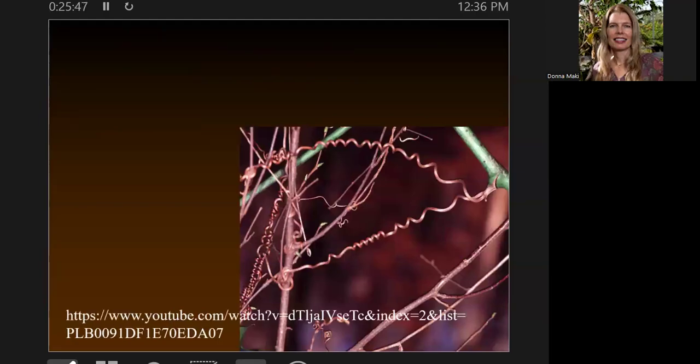Okay, here's another one. Thigmotropism. That word is, thigmo means touch. Thigmo, touch. So this is touch response, growth in response to touch. So the classic example would be a tendril.